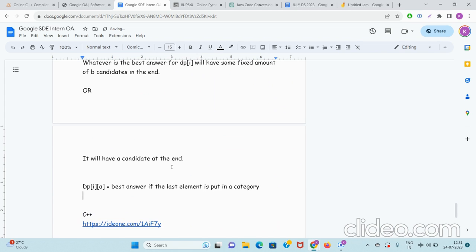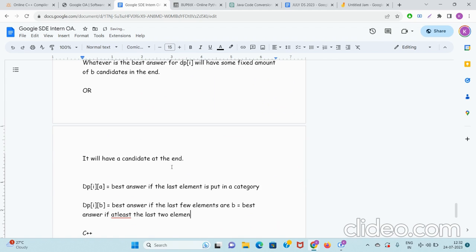And DPI of B means the best answer if the last few elements are B. Or let's formulate it nicely: the best answer if at least the last two elements are B. Guys, you always need two or more elements, or else the B does not work. It was mentioned in the rules.